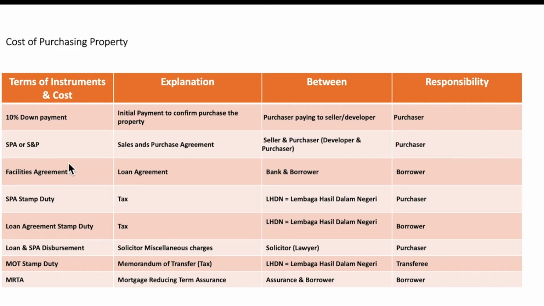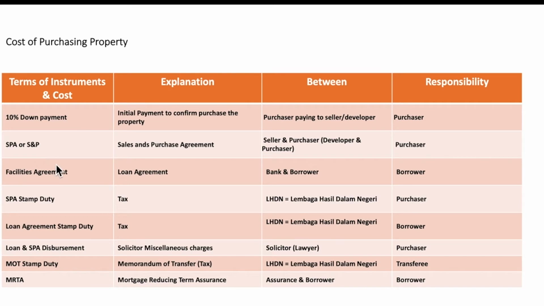And of course, if you're buying a property, you are not buying with cash. I believe 90% of people are getting a bank loan. When you get a bank loan, you need a facilities agreement. This is the right term to use, but most of us understand it as a loan agreement. But when you take that document, you can't find a loan agreement on that paper.